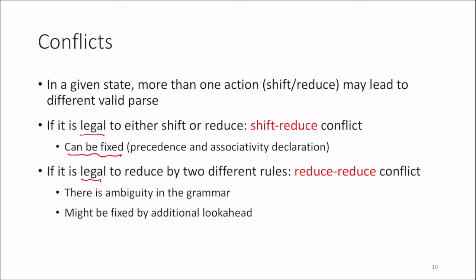And it's possible that if there is no ambiguity in the grammar, but there is a reduce-reduce conflict, that it can be fixed using additional look-ahead. So there's two possibilities. Either there is ambiguity, or it's not ambiguous, but you still have a reduce-reduce conflict, in which case you might want to look ahead in the input to make a decision as to which one is the right one.